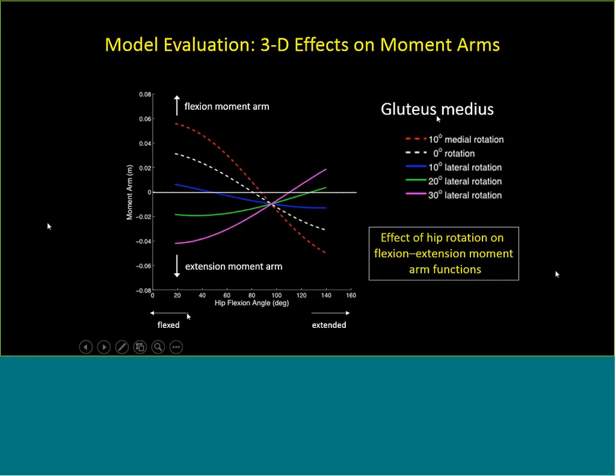Each of the individual lines in the graph represents a particular degree of medial or lateral rotation of the hip. And so you can see at some points in the hip flexion range of motion, the moment arm can actually switch from relatively large extension to relatively large flexion just based on medially or laterally rotating the hip.